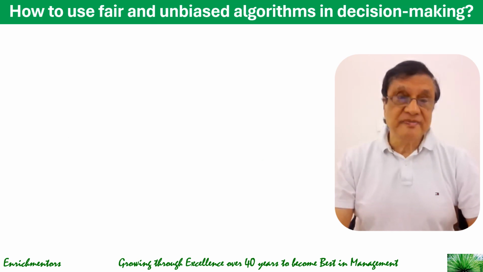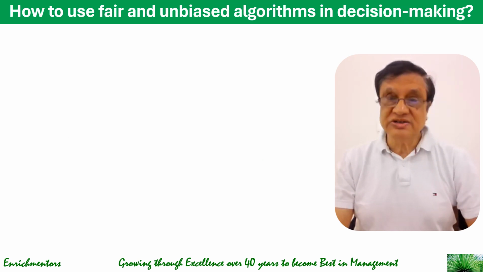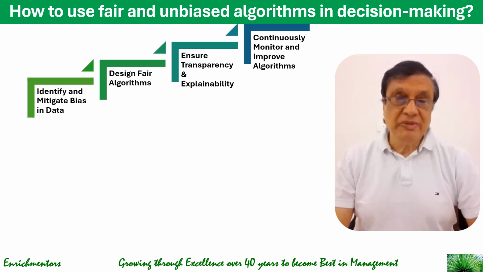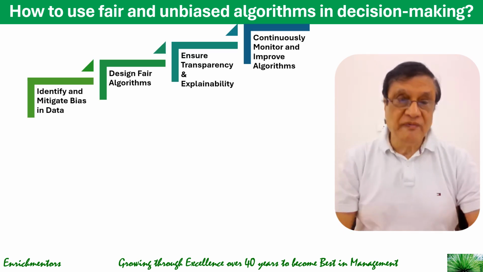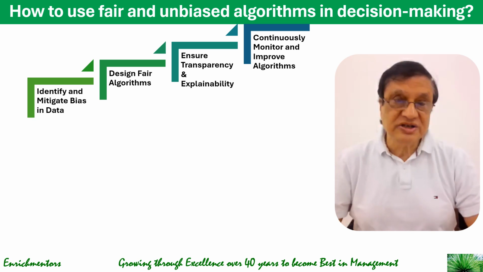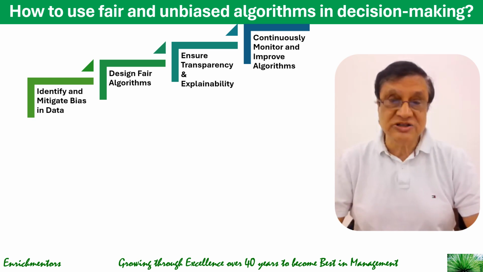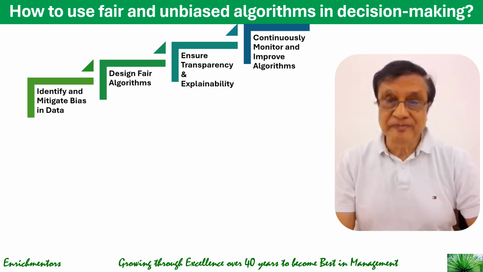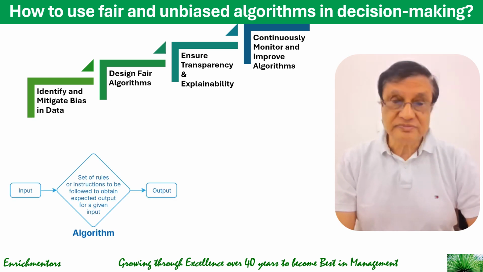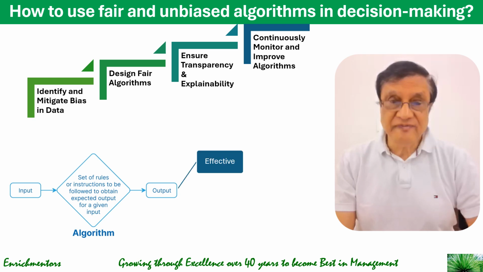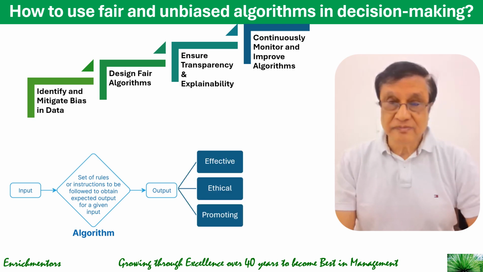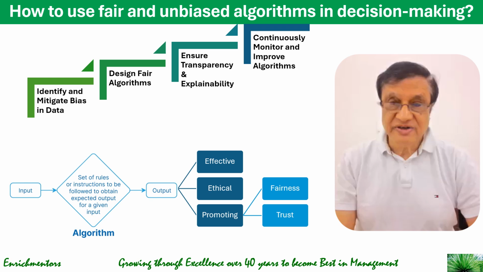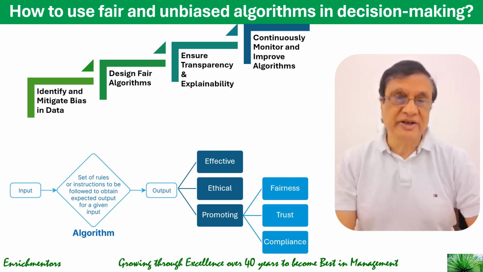So let's summarize how to use fair and unbiased algorithms in decision making. By implementing these four steps of identifying and mitigating data biases, designing fair algorithms, ensuring transparency and explainability of your models and their decisions, and continuously monitoring and improving algorithms, you as an organization can develop algorithms that are not only effective but also ethical, promoting fairness, trust, and compliance in the decision-making process.